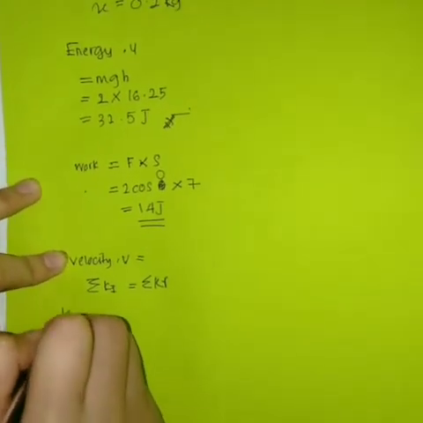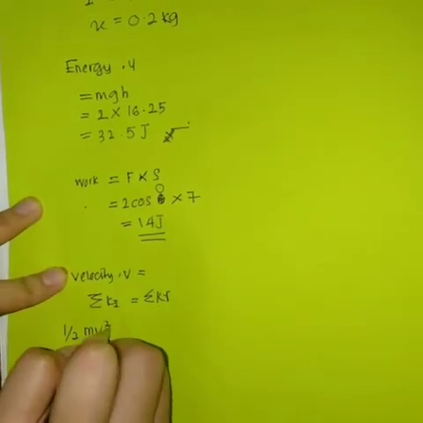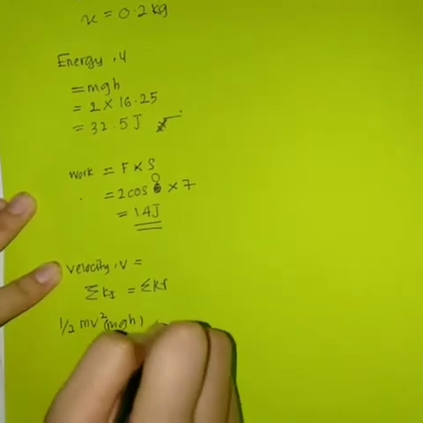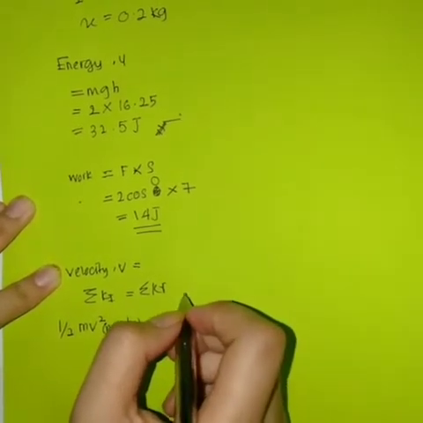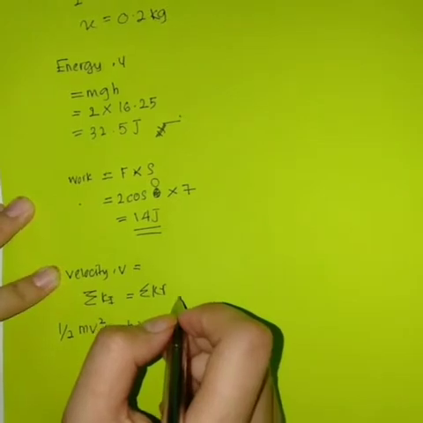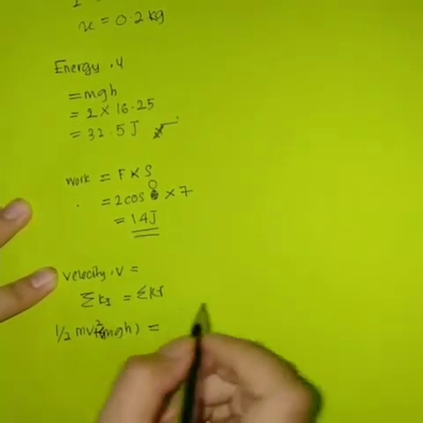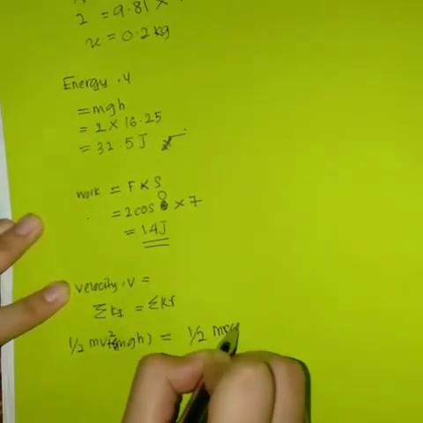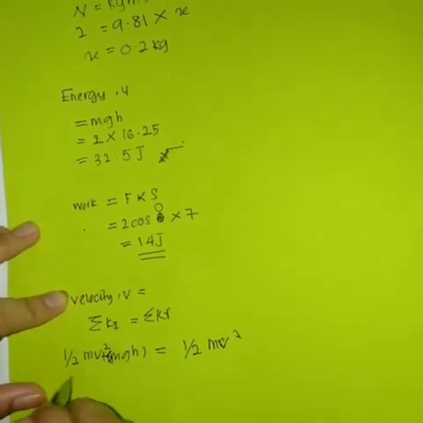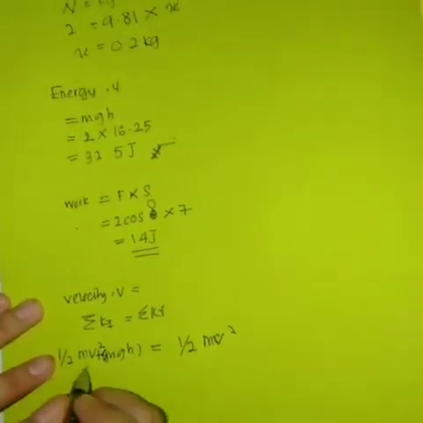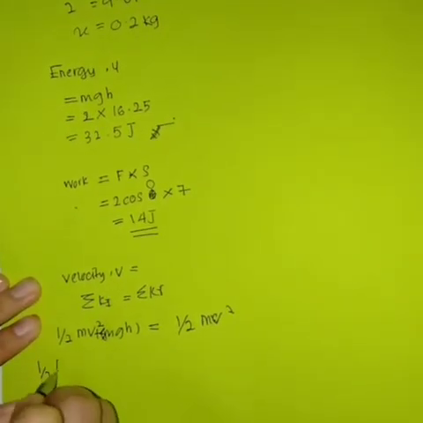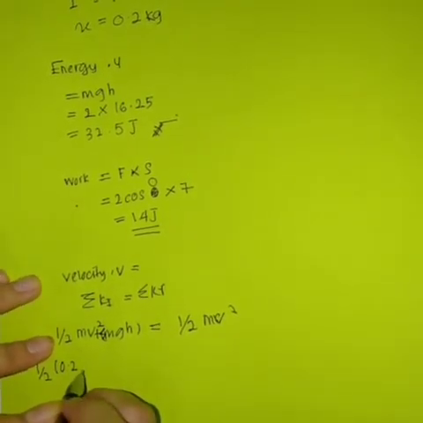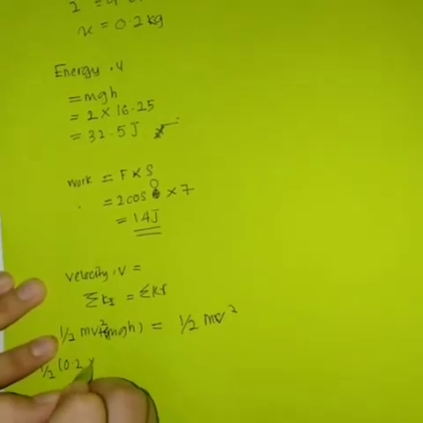So we get 1 over 2 mv squared plus mgh, so we get 1 over 2 mv2. So for 1 over 2 mv squared we get 1 over 2 m cos 0.2 times 2.